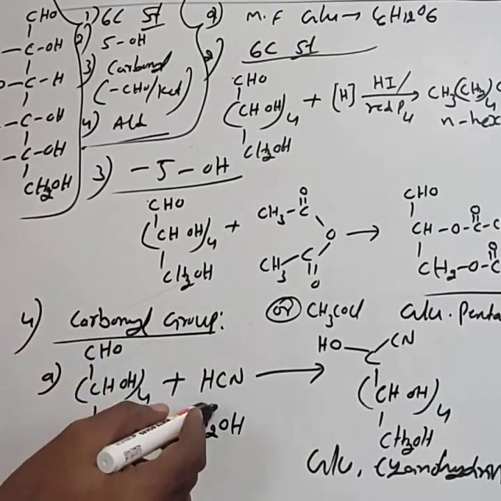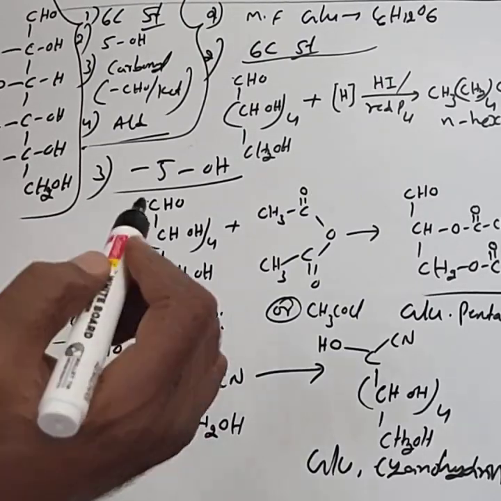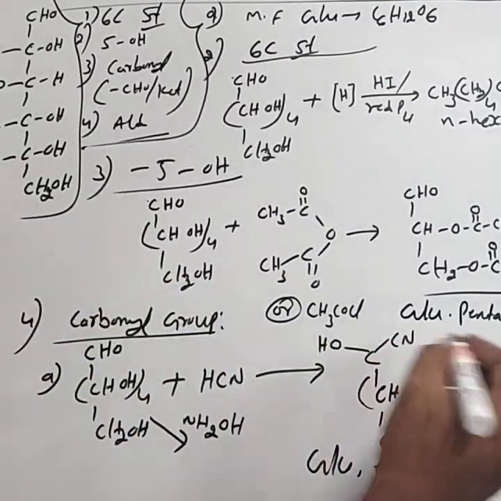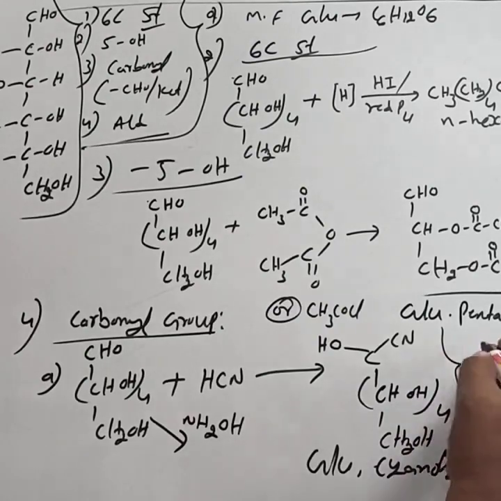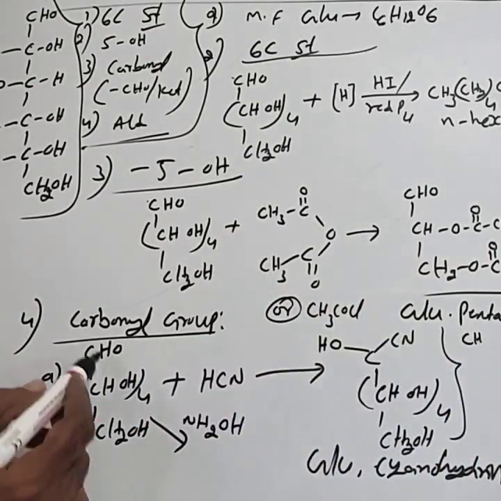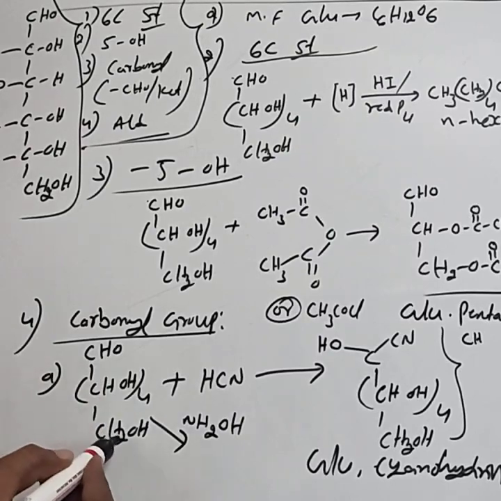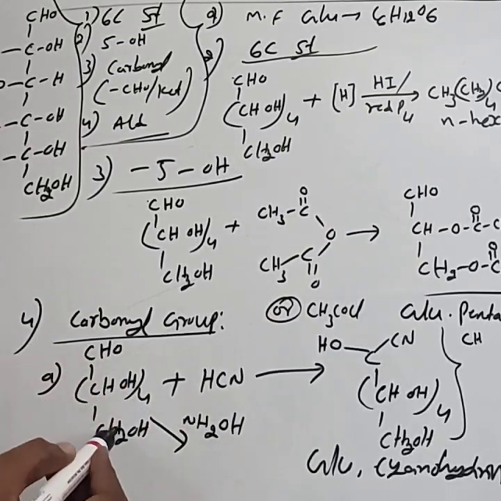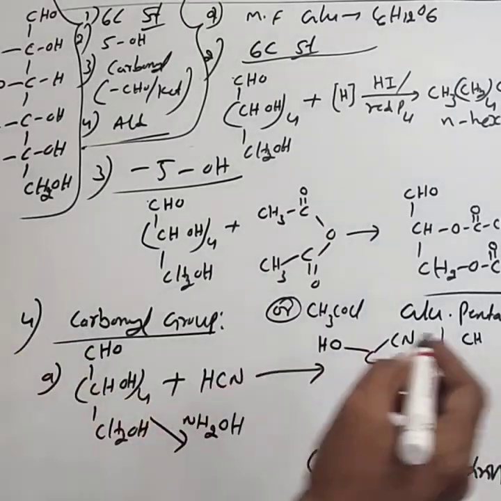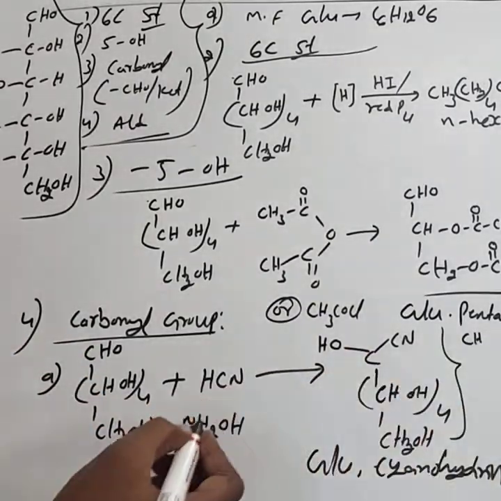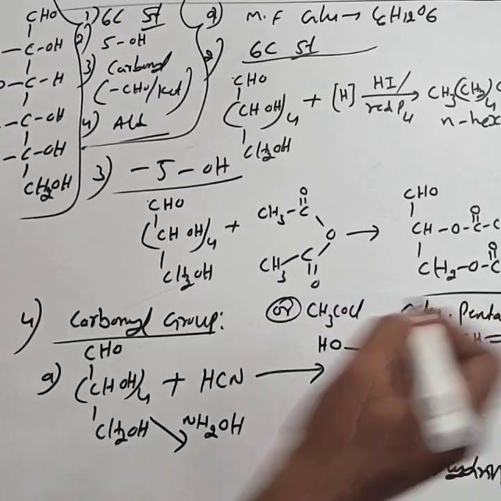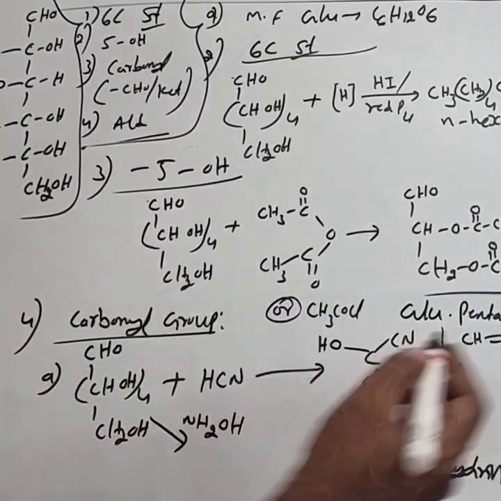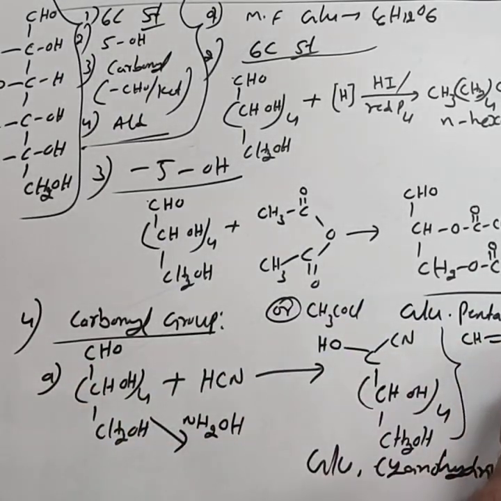Again, this undergoes condensation. A water molecule gets removed. I will write the product here. H2O gets removed: CH double bond O, this H2 gets removed, giving CH double bond NOH.